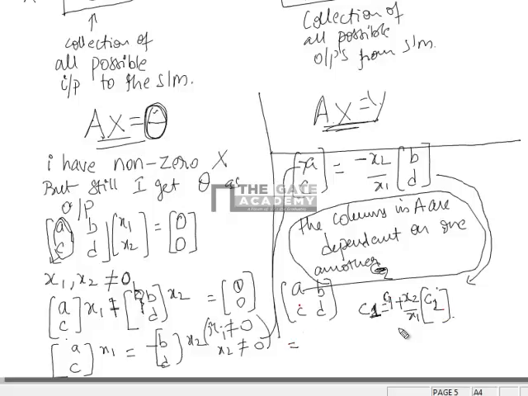I will get AC plus x2 by x1 times B. Both are equal, so when I subtract, I will get 0, 0, B, D. Correct. So what will happen to the rank of A? Rank of A is less than 2. Correct. That is, determinant A will be 0. Correct? Yes or no? Fine.